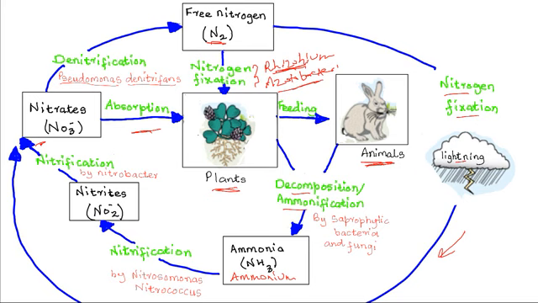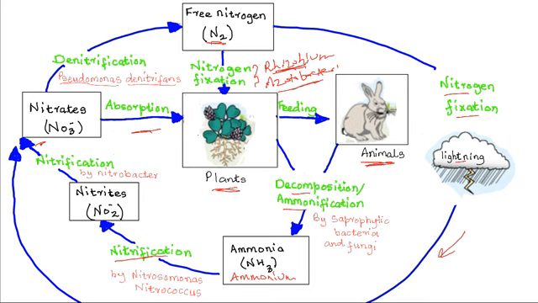Then the ammonium compounds will undergo another process that will help in the formation of nitrates. This other process is known as nitrification, the third important process in the nitrogen cycle.